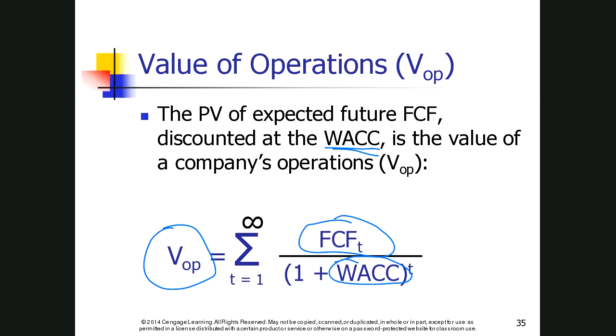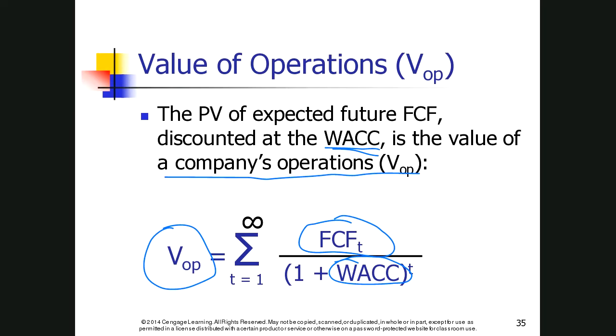So in this case, think about the company as just carving out any extracurricular activity, throwing away those investments and things like that, and just focusing on the company's operation part. The free cash flow is everything that this company can generate through its operation. So the free cash flow is the stream of cash flow generated by the company's operations. Therefore, the value of the company's main operation should be the sum of the present value of all the future free cash flows.